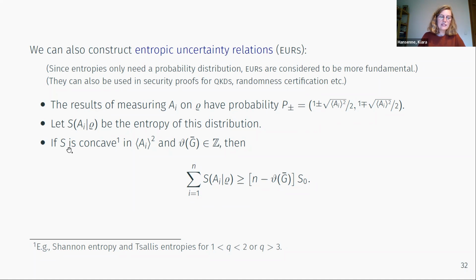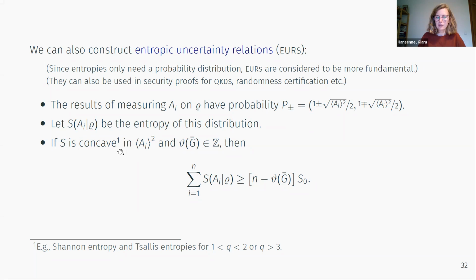And now, in the cases where S is concave in the expectation value squared, meaning that it is a concave function over this variable, and as we saw, it's the only variable on which our probability distribution depends, we have a function S that will only depend on this parameter here.